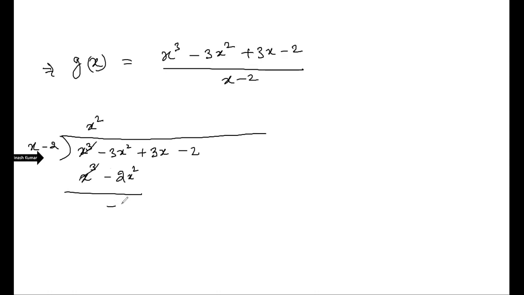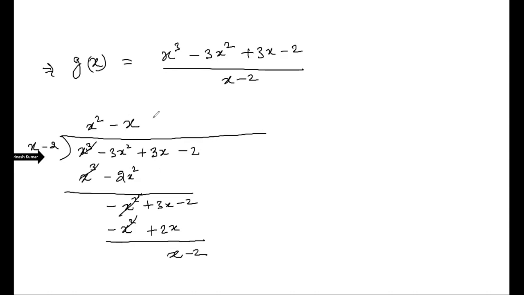Minus x square, then plus 3x minus 2. By which number shall I divide further? Minus x. So here it will become minus x square, and here plus 2x, so this is cancelled. What is left? Plus 3x minus plus 2x, so I will be left with x minus 2.